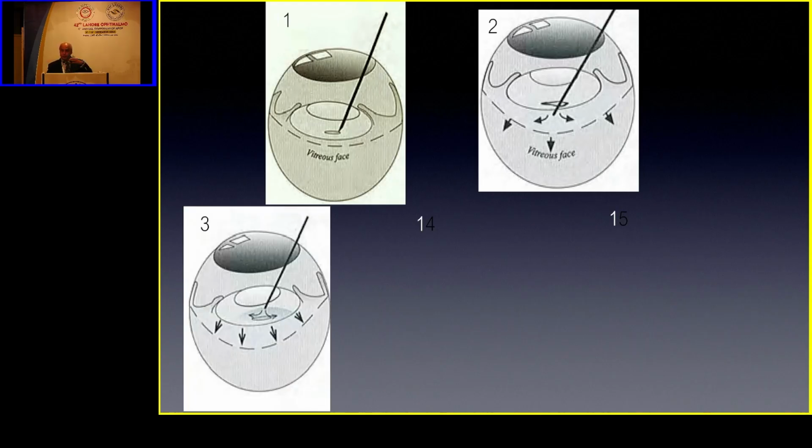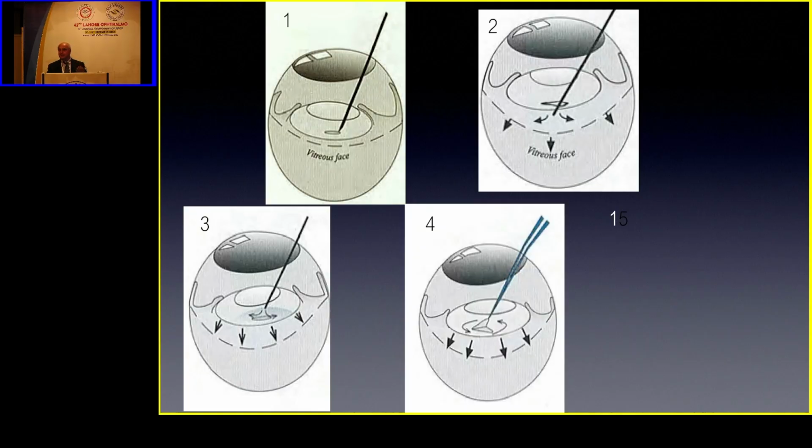Then you do your rexis exactly like you do it in anterior capsular axis, and always put a viscoelastic bolus in front of the scratch you made in the posterior capsule to have a support between the viscoelastic bubble behind and in front, so your hand and forceps is the only working force.